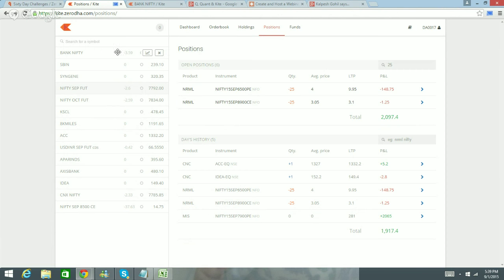What else? Okay, so in Kite, what happens is, what we have decided is that even if the user doesn't have DMAT, we're going to show him equity scripts.